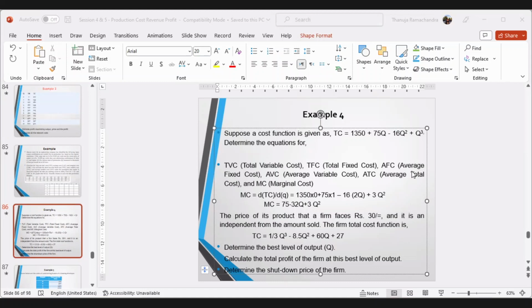If the price is constant, we know MR equals P. MR is equal to delta TR over delta Q, and TR is P into Q. P is constant, so it is delta Q divided by delta Q. So MR is equal to P, which is 30. Now we have to find the MC. So find the MC from this, equate it to 30 and get Q.